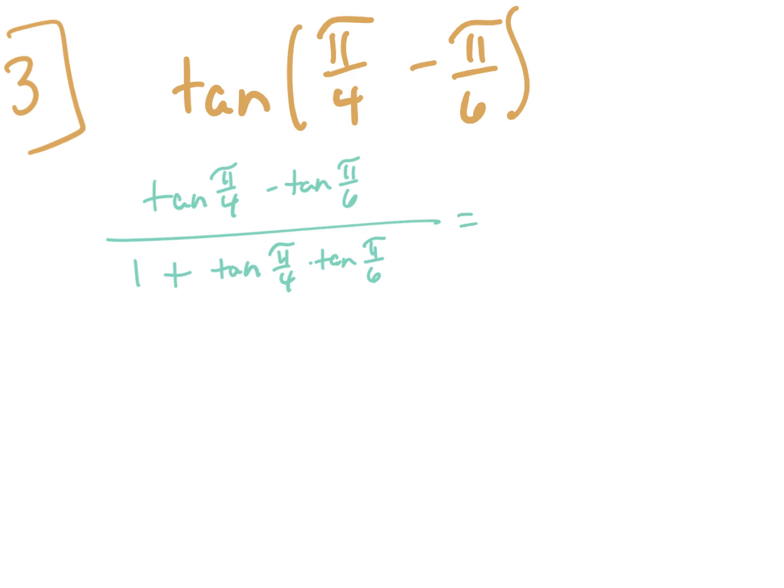Remember tangent is y over x, it's sine over cosine. So tangent of pi over 4 or 45 degrees, it's just 1. I'm sorry, guys. Go grab a unit circle if you need one. Okay, and then minus tangent of pi over 6.